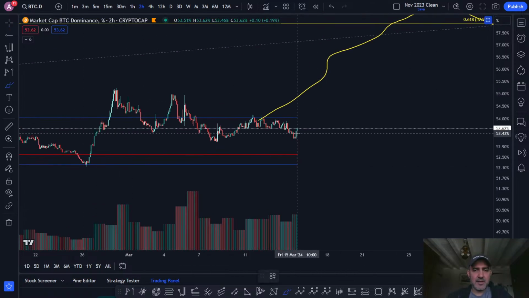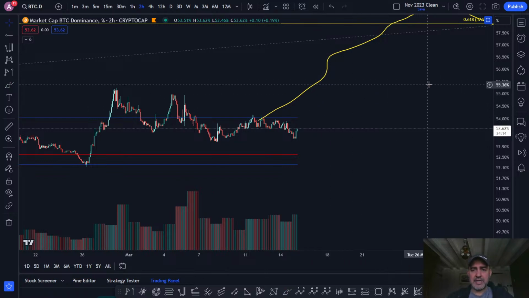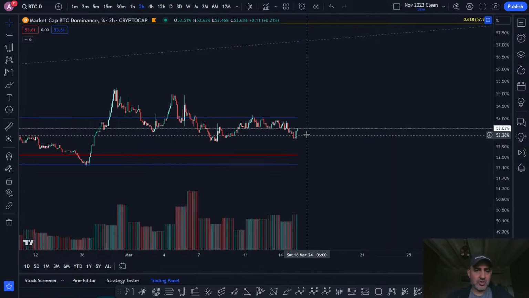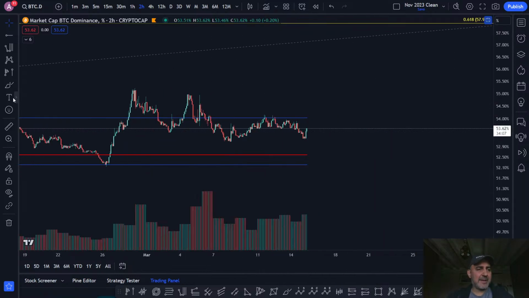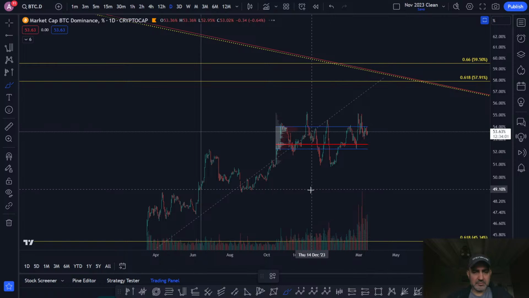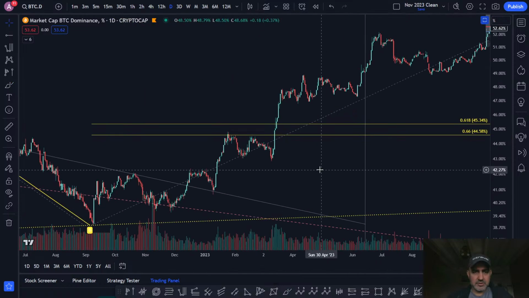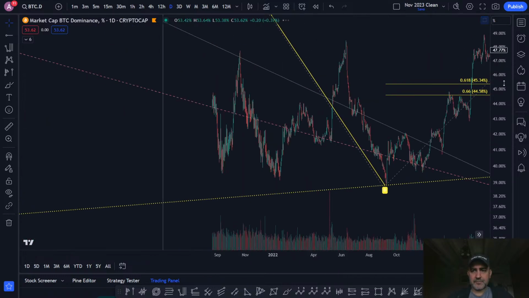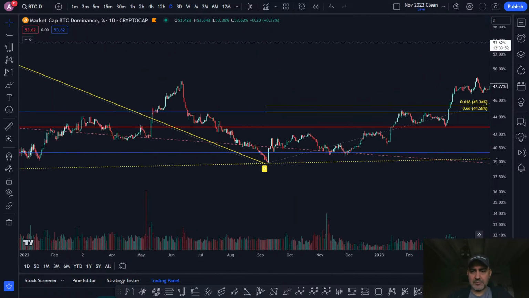There are 2 times where you see Bitcoin dominance go up: when Bitcoin is extremely bullish or when there's extreme panic in Bitcoin. You're not going to just see small fluctuations like this. You're going to see an explosion like that.